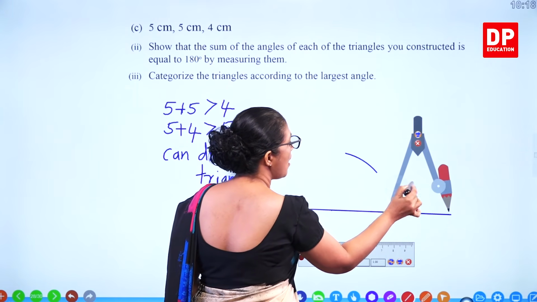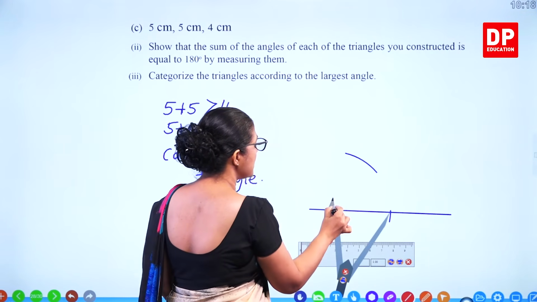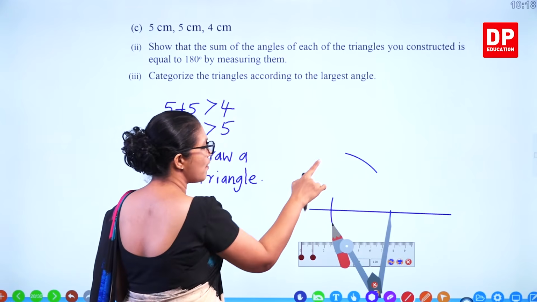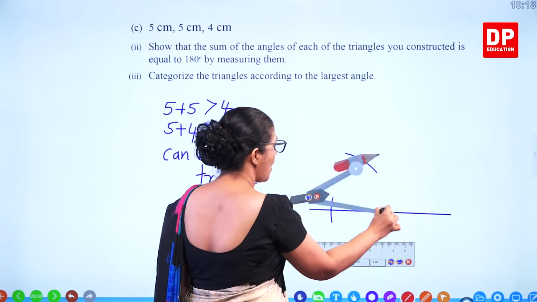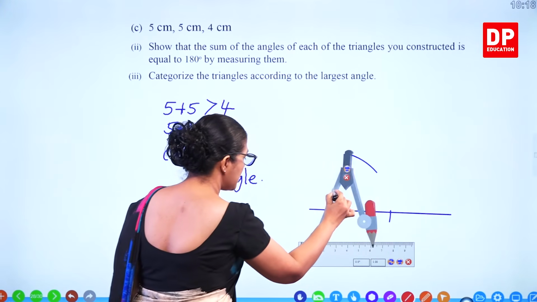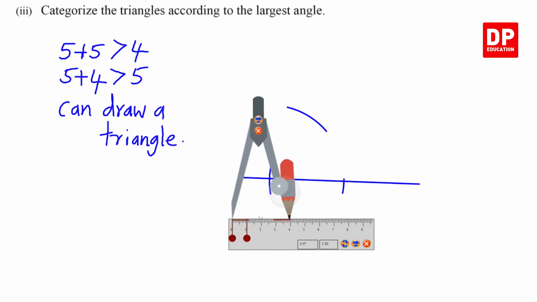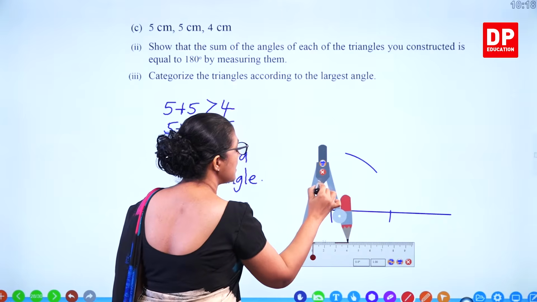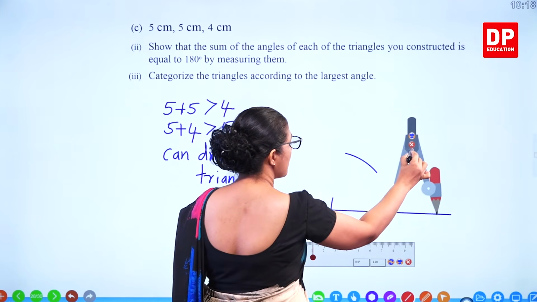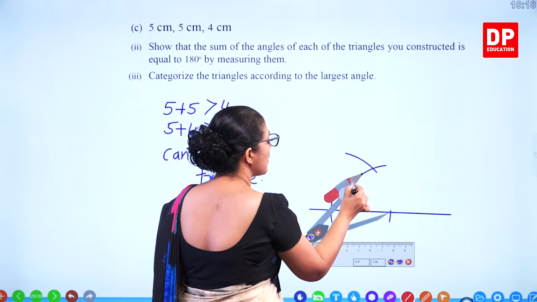Keep it here and mark 5 centimeter here as well because two lengths are 5 centimeters. And now we'll take the 4 centimeter length and mark it here. Keep it on top of this point and mark the arc.